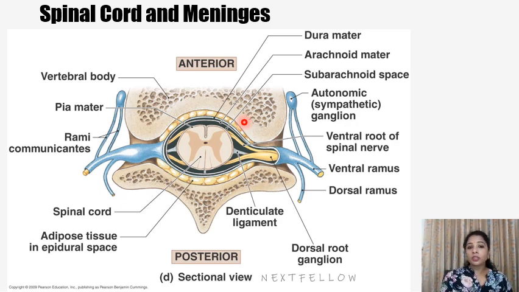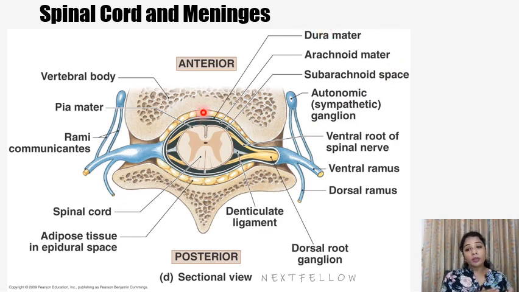It is closed above by the fusion of spinal dura with the edge of the foramen magnum, and below it continues as the sacrococcygeal ligament that closes the sacral hiatus, the opening at the lower end of the sacrum.